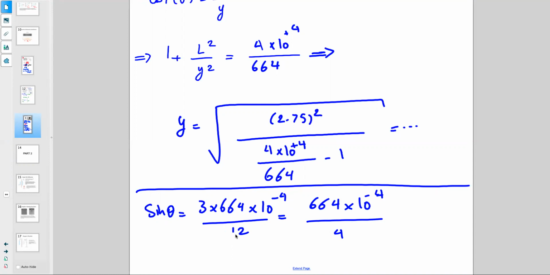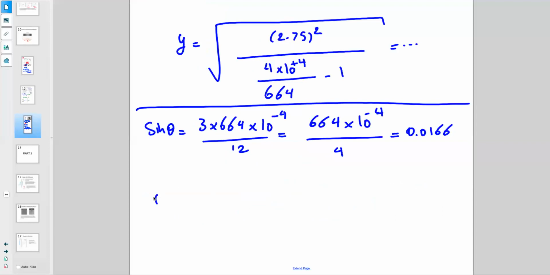So what we have is, if you put this in your calculator, I just did it, and I ended up having 0.0166. That's what I had. So based on that, I can find theta, and theta is sine negative 1 of 0.0166, okay?